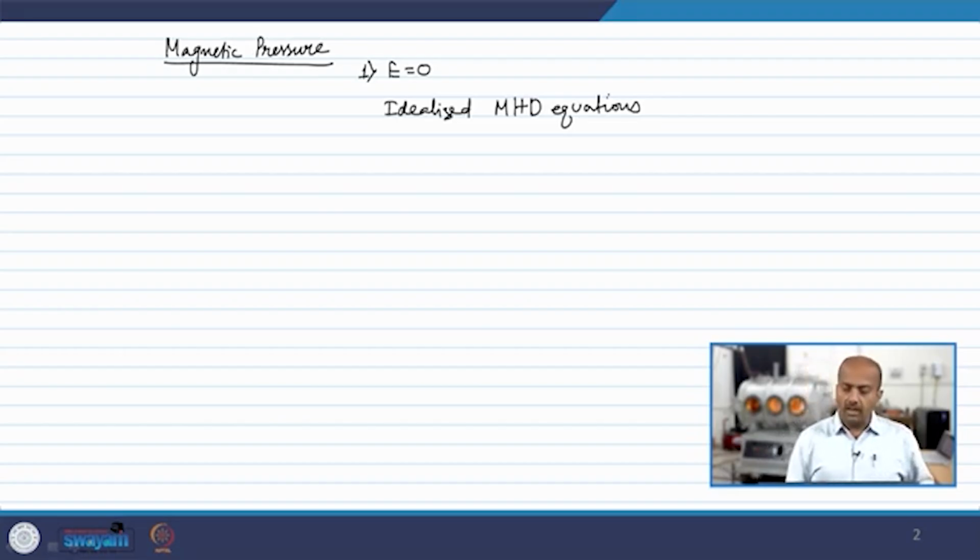So, we consider idealized MHD equations and then we say that the plasma is in a steady state.